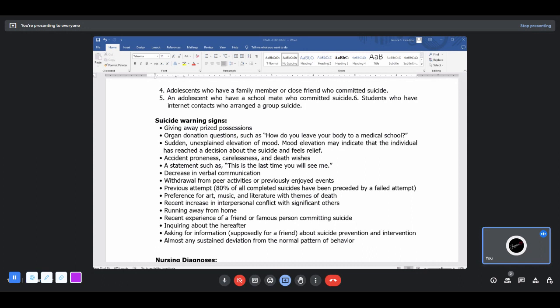Another one is previous attempt. 80% of all completed suicides have been preceded by a failed attempt. Okay? Preference for art, music, and literature with themes of death. So, yun yung mga signs din natin. Recent increase in interpersonal conflicts with significant others. Like the family members, friends, ganyan. Running away from home. Ano pa?